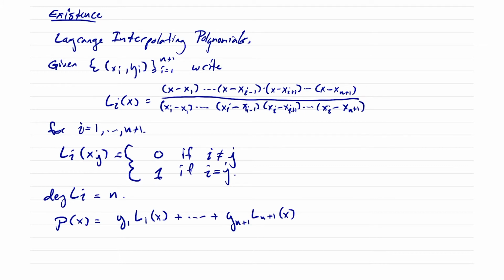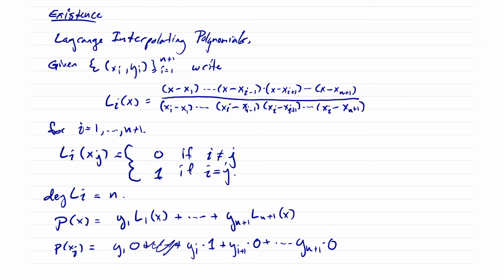Because if I put in, say, p of xi, then what is that going to leave me? It's going to leave me with y1 times 0 all the way up to yi times 1 plus yi plus 1 times 0 plus everything else yn plus 1 times 0, assuming xi is not 1 or n plus 1.